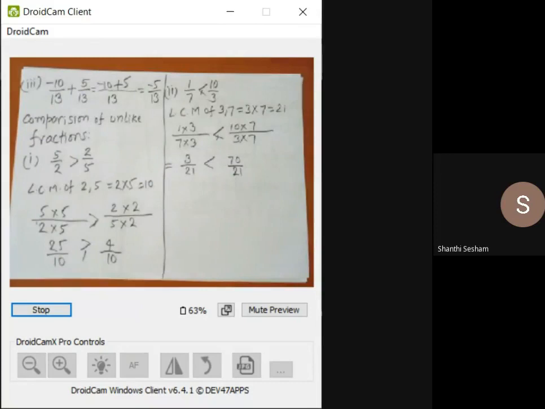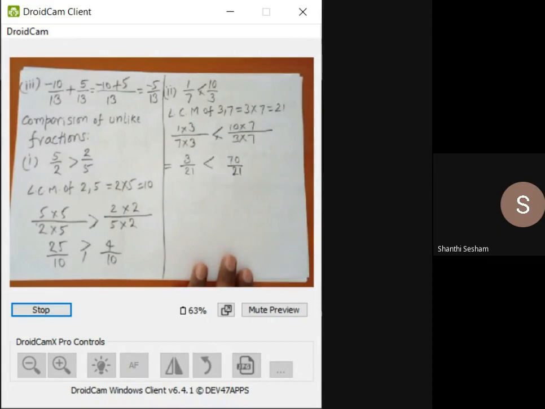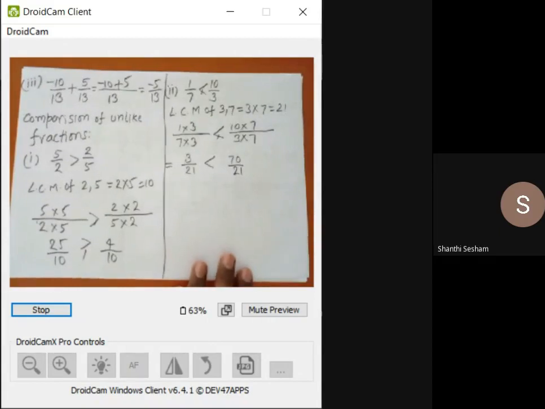Yes, my dear Shanti, tell me what's your doubt? Sir, yesterday you posted a PDF. In that division, you gave the sign table, and then you worked out some problems for division of integers. Those problems are not there, sir.